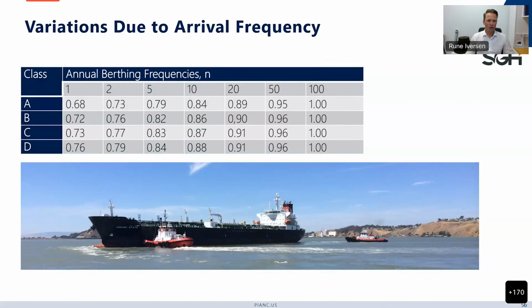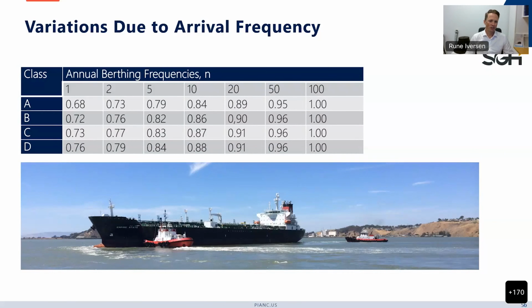I mentioned berthing frequencies, how often do your vessels come in? So our reference point is 100 berthings per year, as you see to the right. If you have vessels coming in, say, 10 times per year instead, you'll see much fewer impacts on your fender, and you have a lower chance of exceeding the rated energy capacity of these fenders.